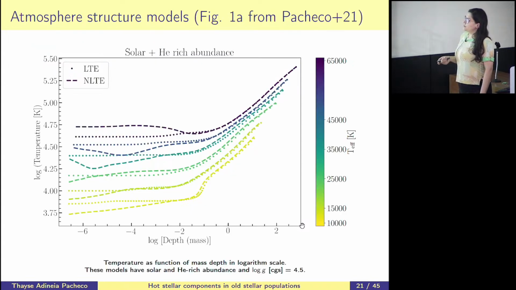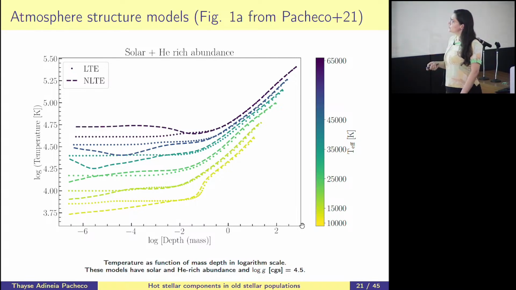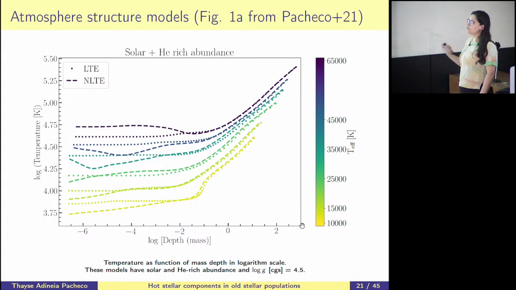And these are our atmosphere structure models comparing LTE and non-LTE models. Here we have the temperature as a function of mass depth, where the colors are the effective temperature pattern.